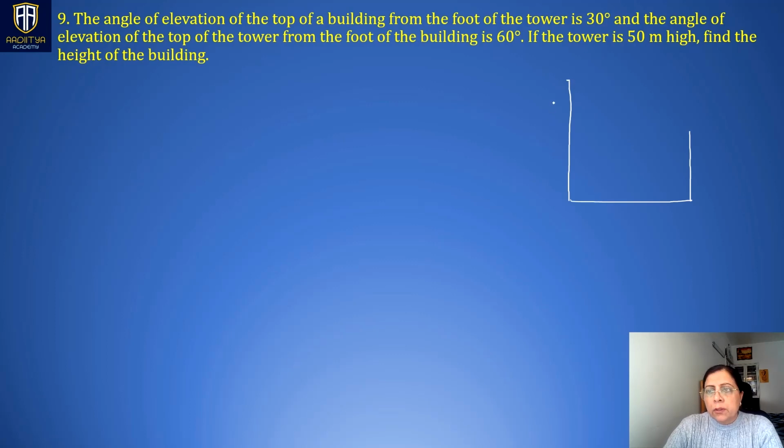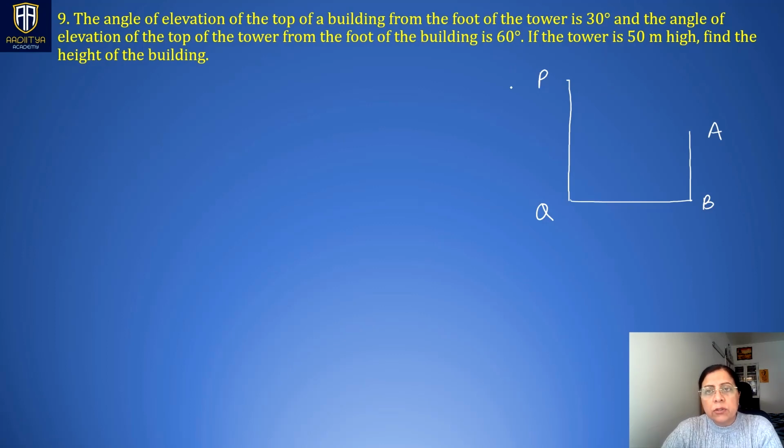So here, let's say this is PQ and this is AB, right? Now in this question we have two vertical objects. One is tower and one is building. But in case you are not sure which is taller in height, we have to read the question carefully.